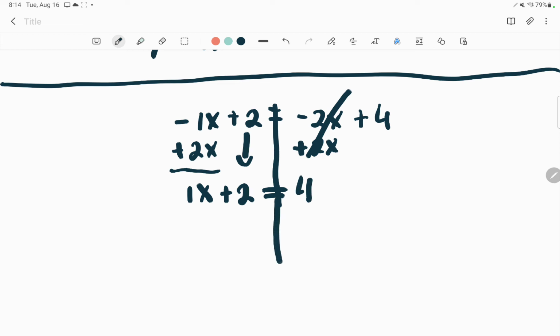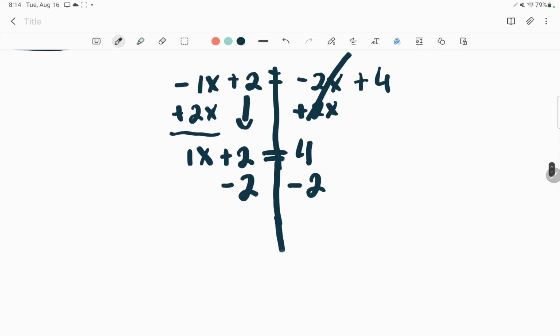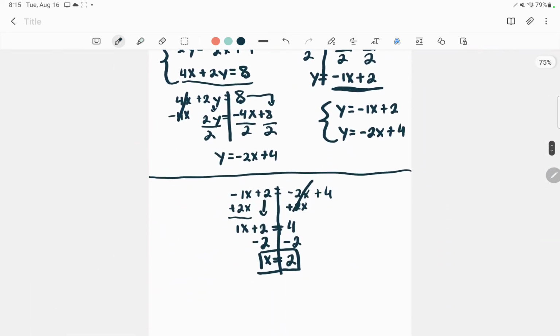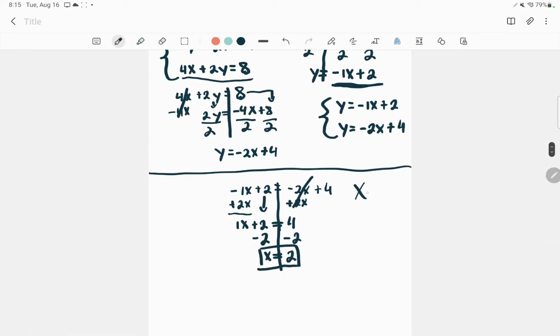Now I'm going to have to go ahead and move the 2. So minus 2, and we end up with x is equal to positive 2. All right, I'm going to go ahead and put that over here on the side. X is equal to 2. Put it in a square, and I'm going to highlight it just so you guys can see the first answer.